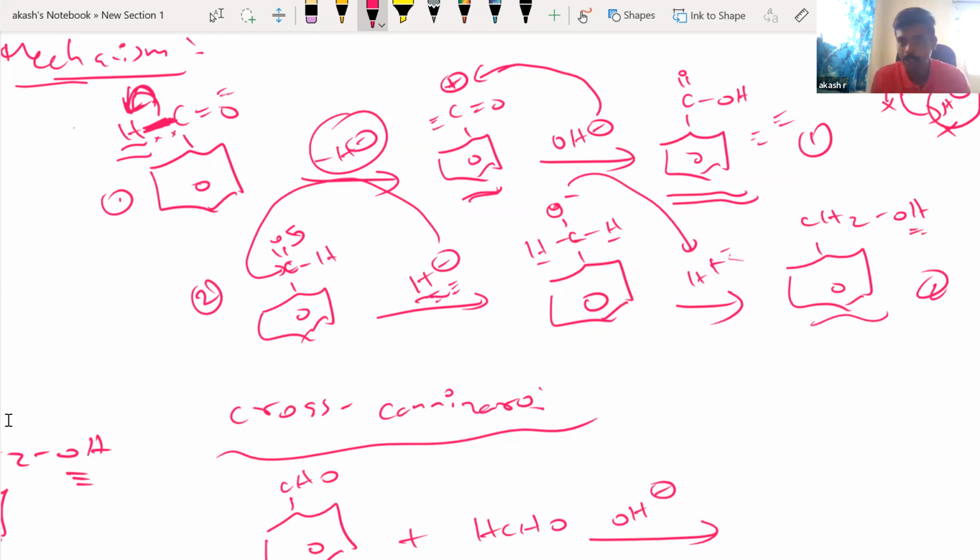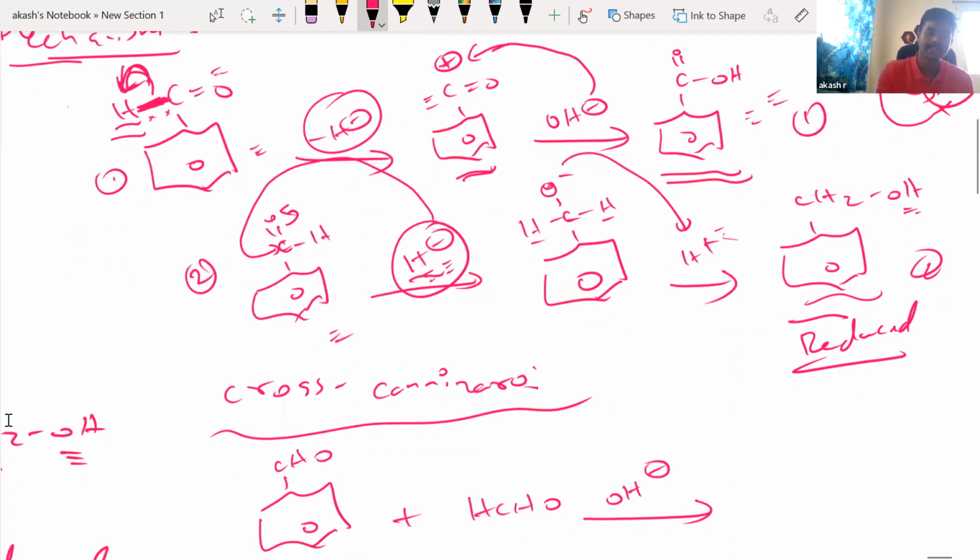Rather, it will easily accept H minus. One molecule is giving H minus and one molecule is accepting H minus, and whichever is accepting H minus is the reduced product.